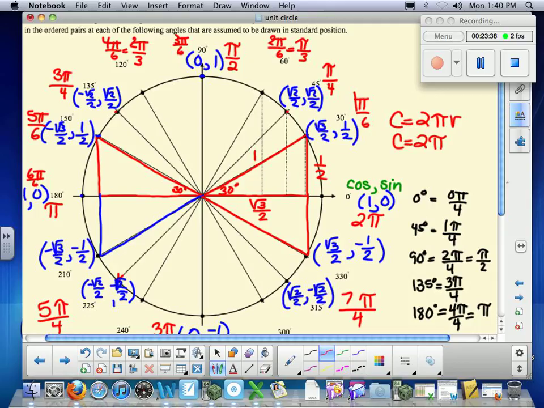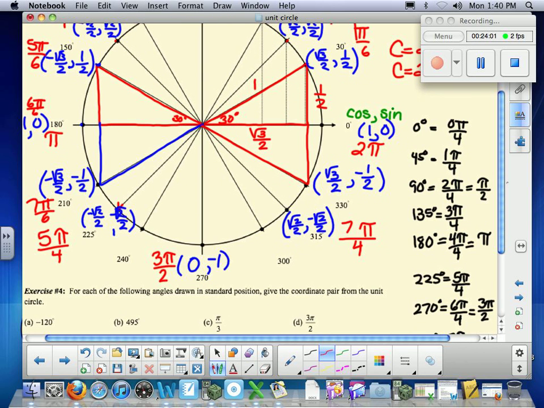Did we just skip 135? It's not add 30. Oh, okay. Thank you. 210. How many pi's over 6? Yep. So then the 240-degree angle in this would be 8 pi over 6, which we will say is 4 pi over 3.